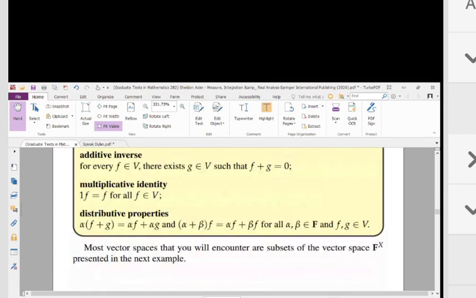And distributive properties, we have these equalities.